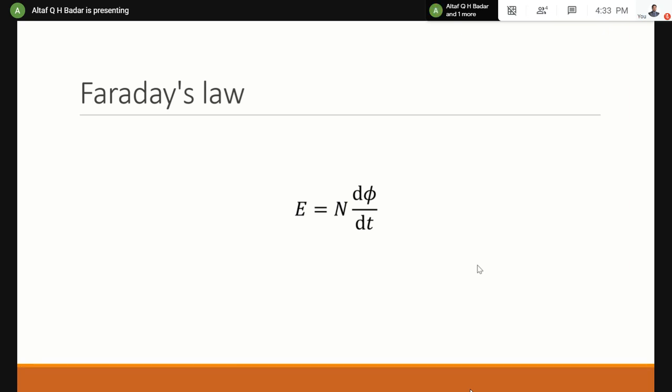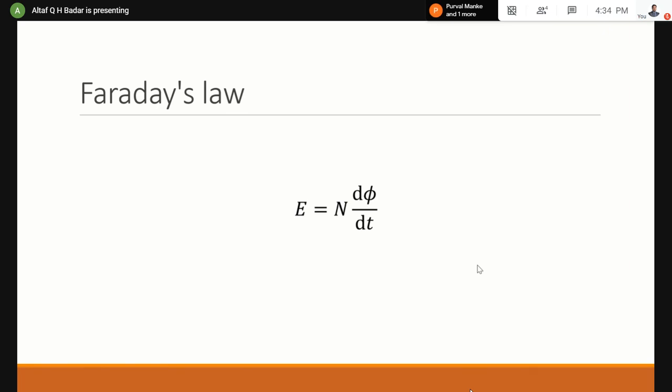The basic experiment was that Faraday took a magnet and a coil and he connected a galvanometer, right? And then the magnet was at rest, so there was no deflection in the galvanometer. But as soon as the magnet started to move, he observed that there were some changes in the galvanometer.